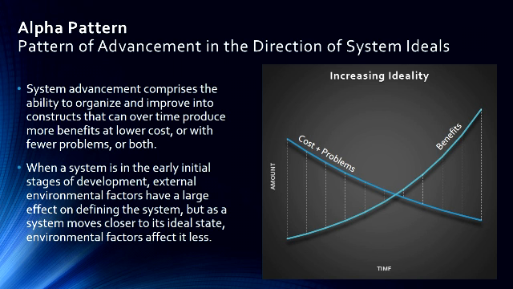You could say that the ideality of a system, or how ideal a system is, is how many benefits it delivers, as the numerator, divided by the denominator, which would be the cost of those benefits and any associated problems that are part of receiving those benefits. Easy examples of this are around security.